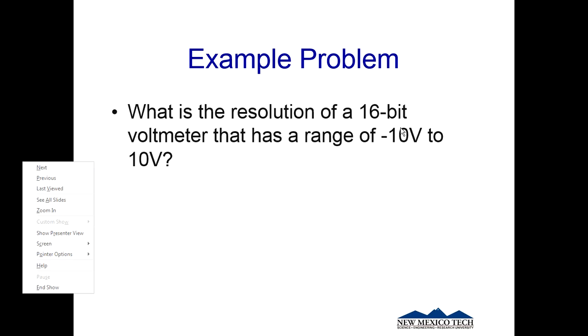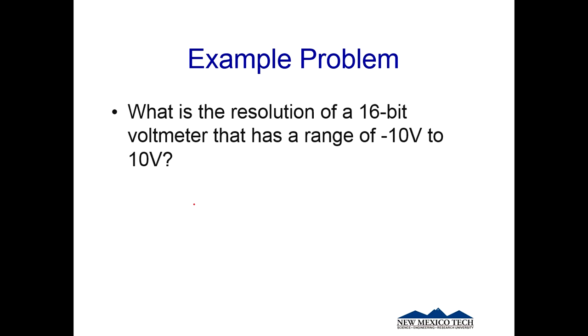So suppose I had a 16-bit system, and suppose this is your multimeter, you've got 16 bits, and you've got a range from negative 10 volts to positive 10 volts. Well, we know our possible number of states is 2 to the 16.